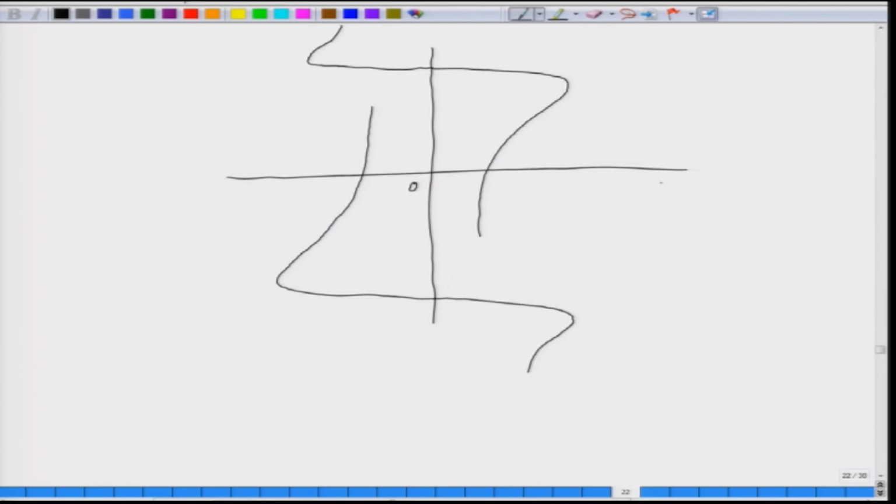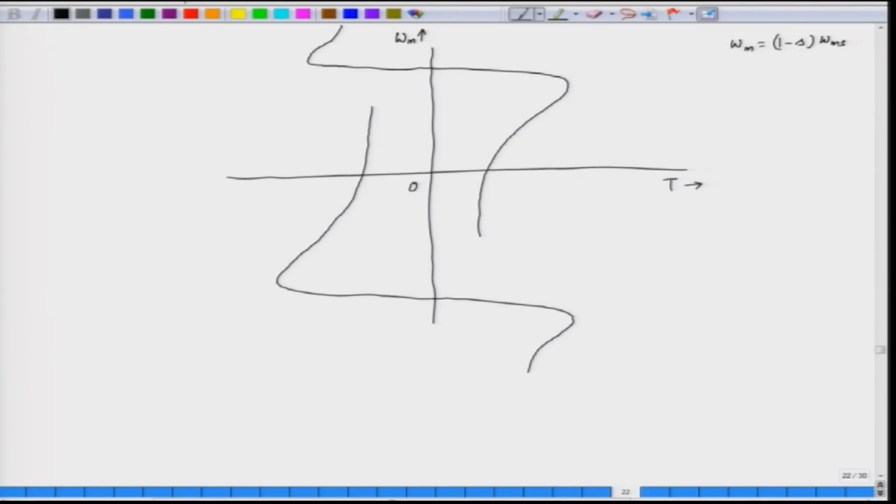In the x axis, we take the torque. In the y axis, we take the speed. And you know the speed and the slip are related. Omega_m is equal to (1 minus s) into omega_ms. So, the slip and the speed are related.